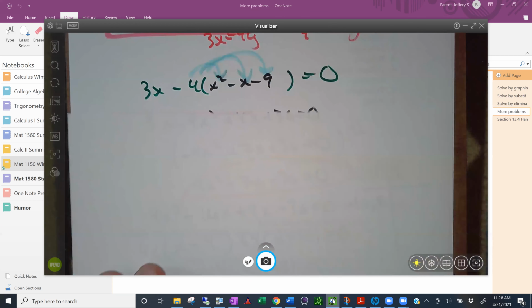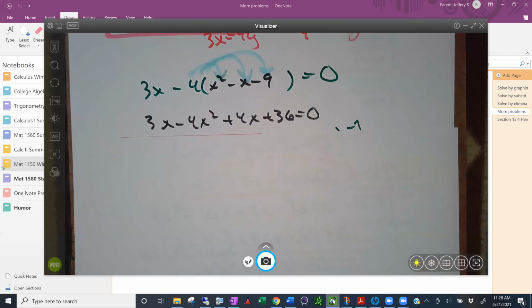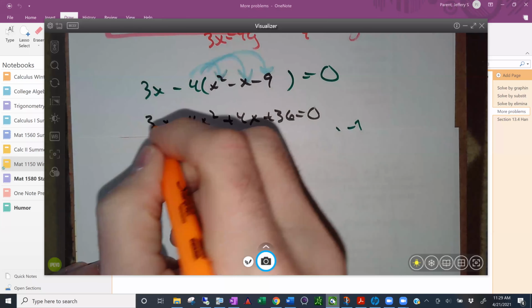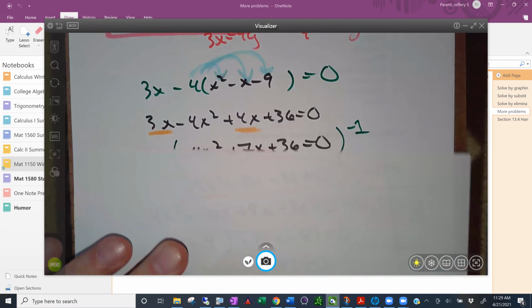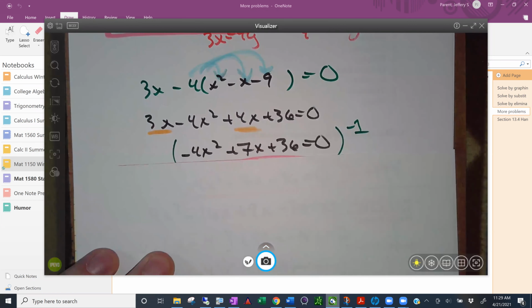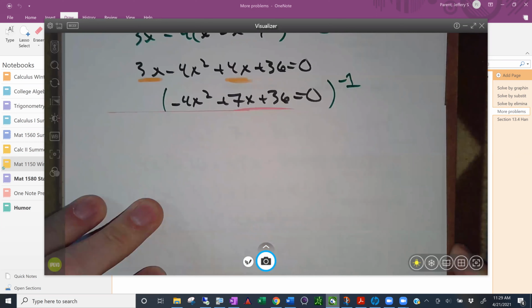And that'll give me 3x minus 4x squared plus 4x plus 36 equals 0. And there's like terms here that I can combine. 3x and 4x give me 7x. So there you go. Negative 4x squared plus 7x plus 36 equals 0.